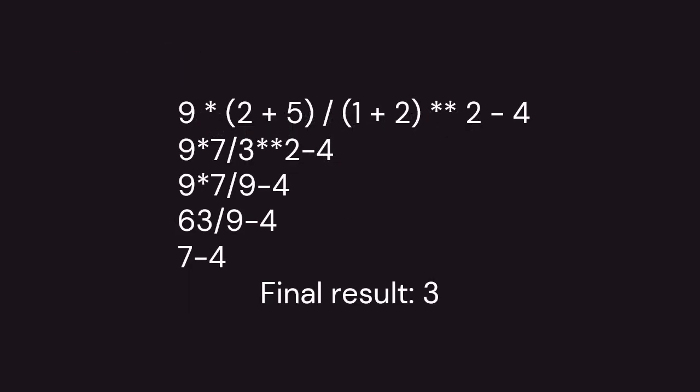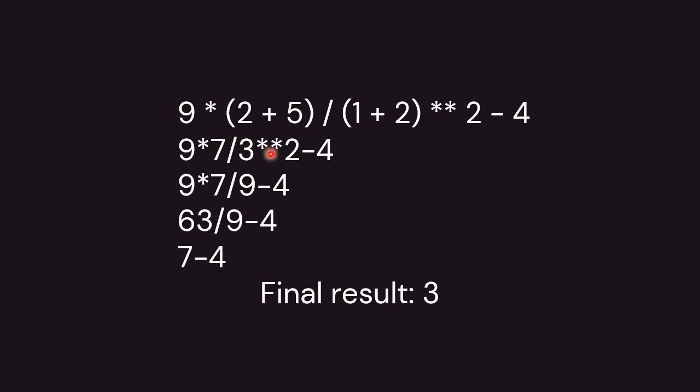The next example also gives us some clear idea about operator precedence. Here we have 2 plus 5. The first thing we need to do is eliminate all the terms inside the parentheses first. 2 plus 5 gives 7, 1 plus 2 gives 3, and the next one would be exponentiation.